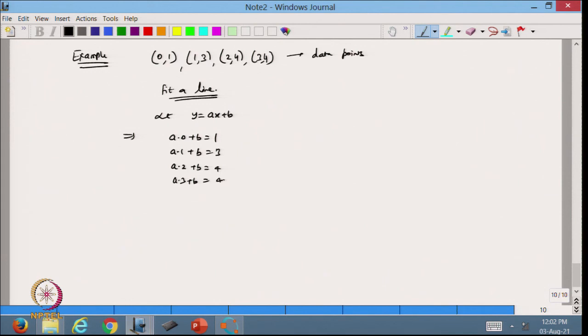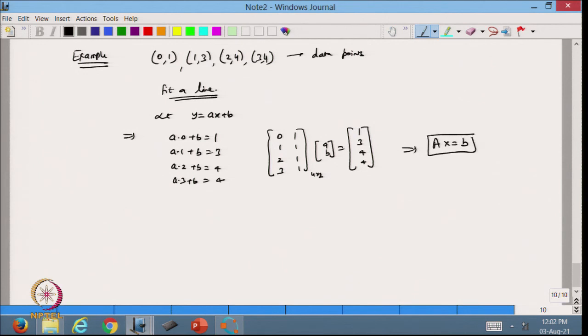Suppose I take these points. So, I get the matrix A as 0 1 2 3 and 1 1 1 1, it is 4 cross 2, and this is my A, x is a b, and this is 1 3 4 4, this value I have taken. So, from here I have a system A x is equal to b. This is my system. Now, I want to solve this system.